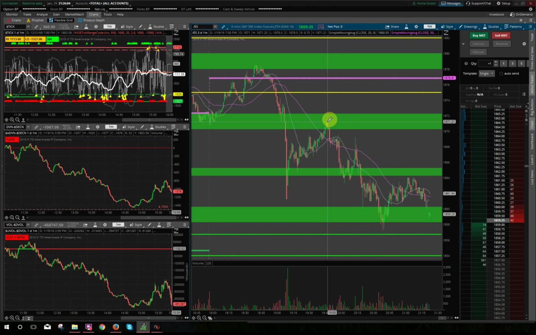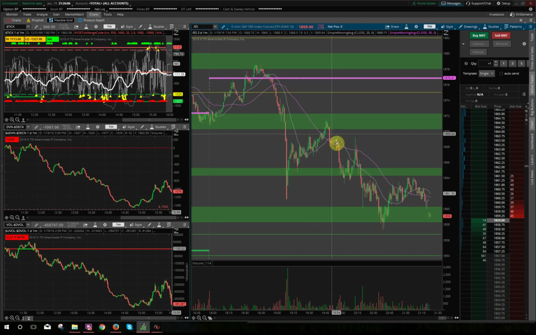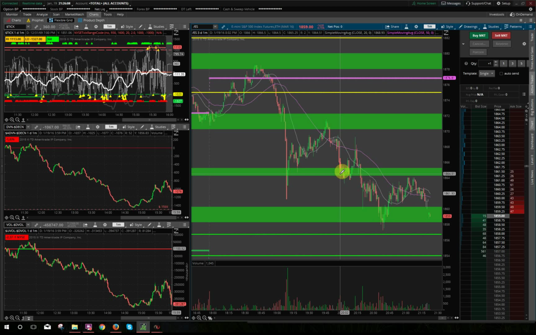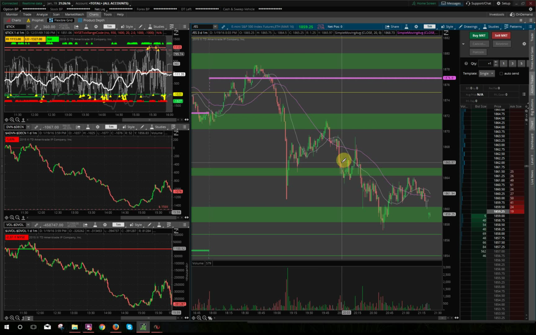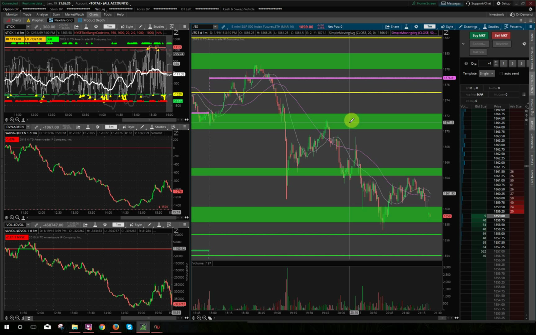Basically what you would have done is sold from here and waited for it to come back down into this area right here. Say it was 65, 66, 67, 68, 69, 70, between 5 to 6 points you could have made off of that trade. So that's one trade there.